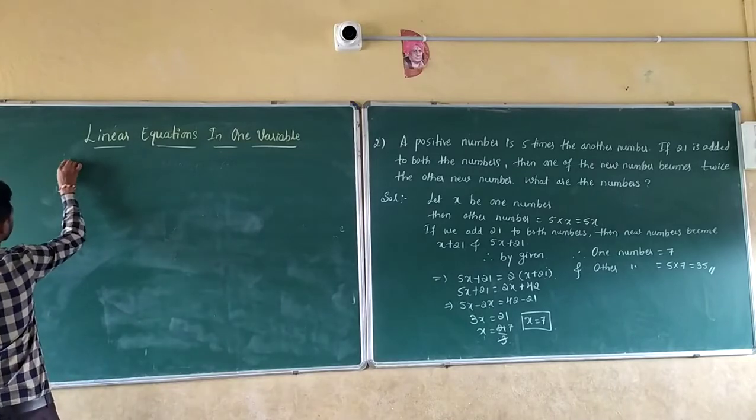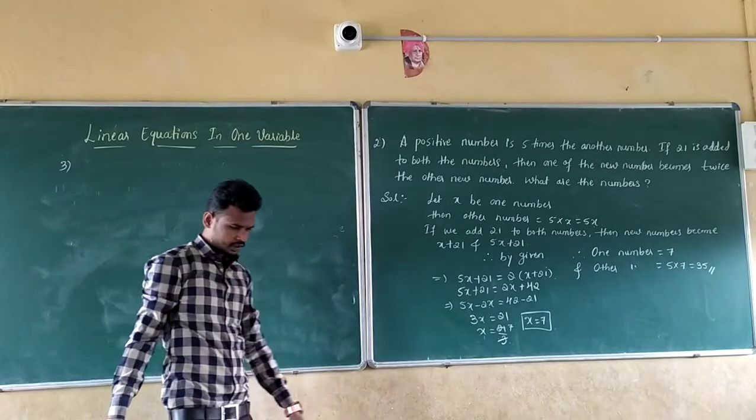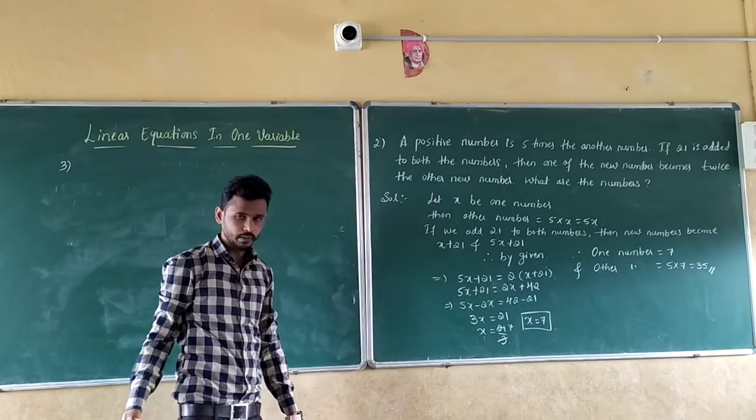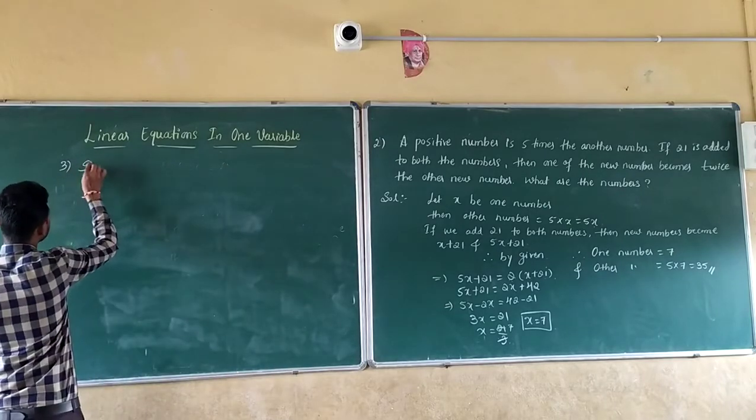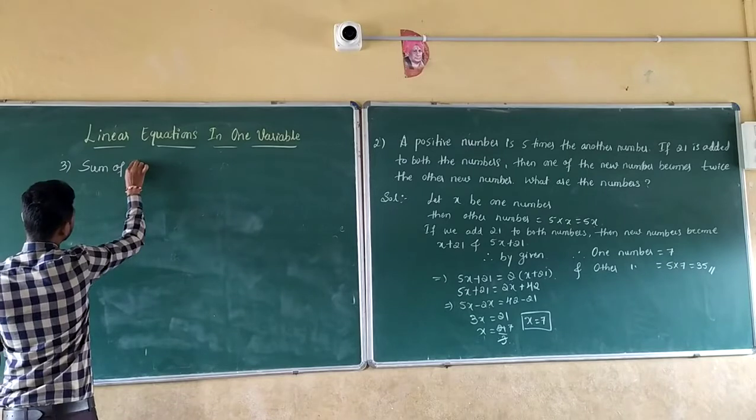The third question. Sum of the digits of a two-digit number is 9.